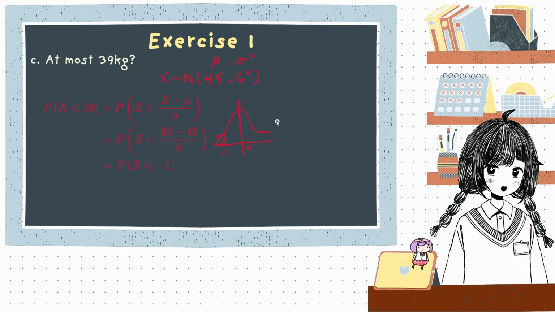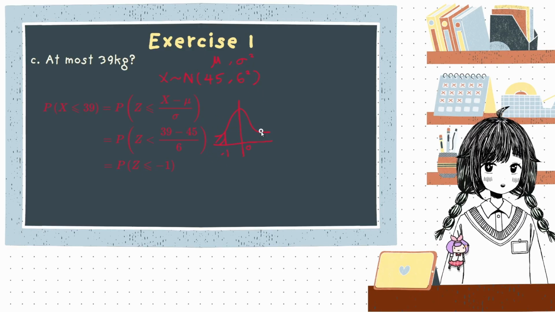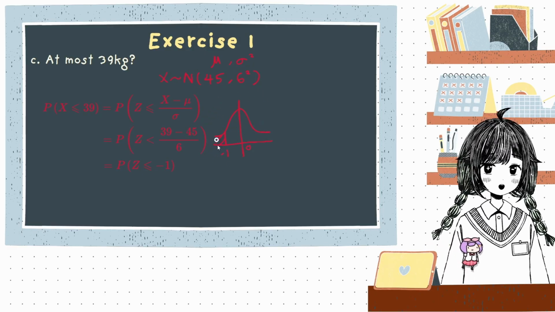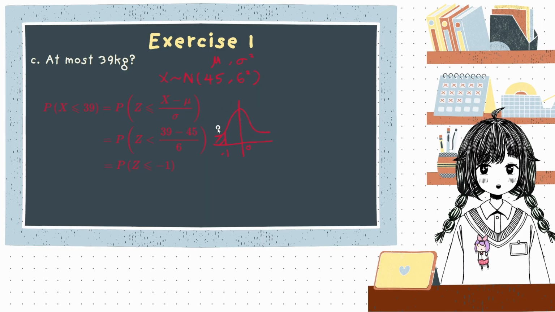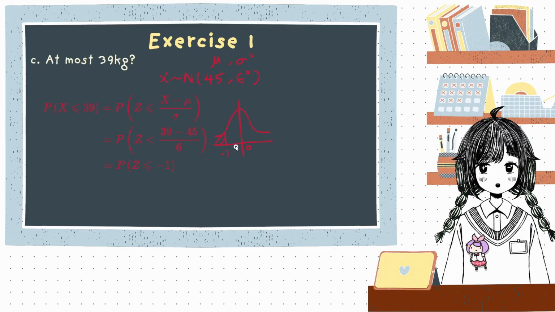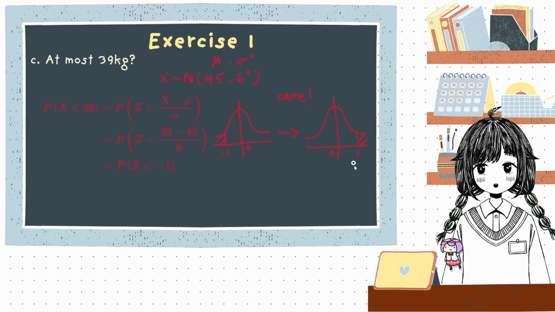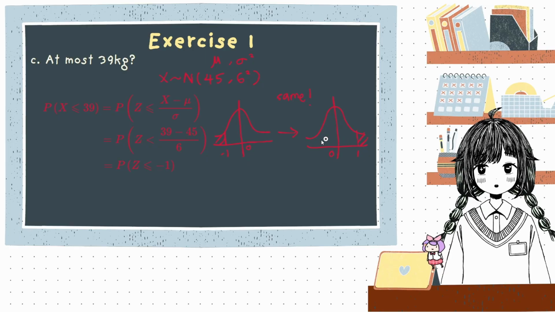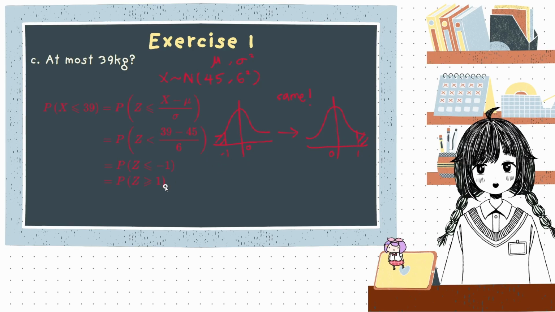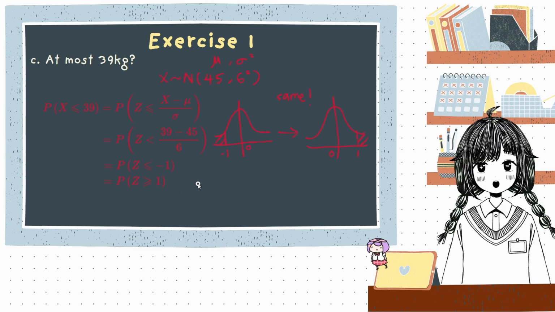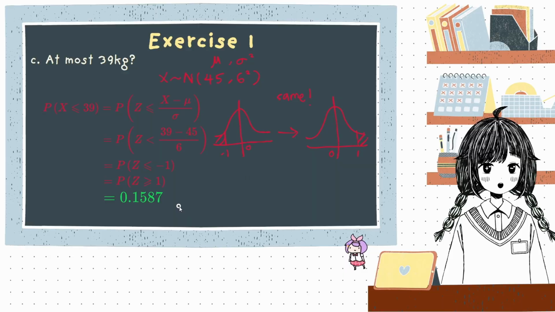Keep in mind that when it comes to the negative on the left side, according to the theory we learned, this graph is perfectly symmetrical. That means z less than or equal to -1 is the same as z more than or equal to 1. Now we can solve it using the z table. So the final answer is 0.1587.